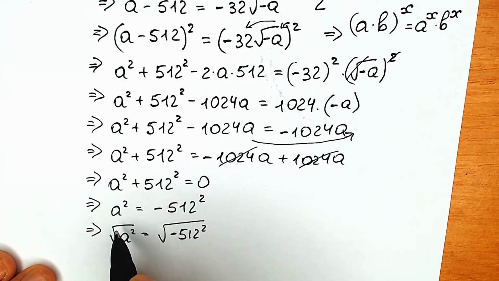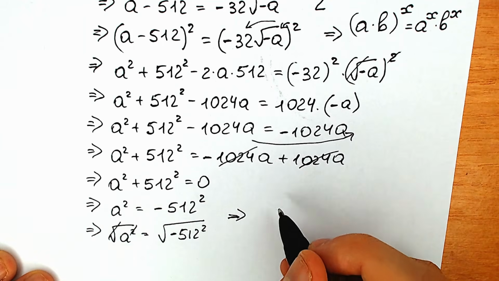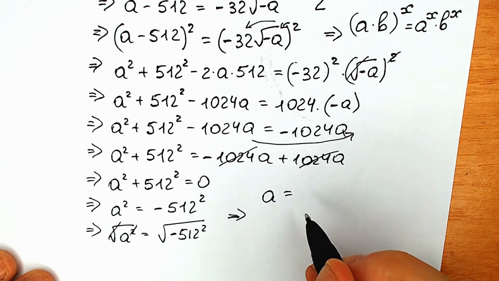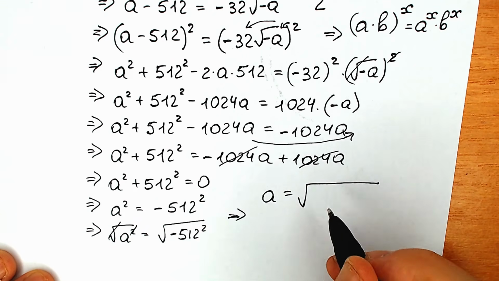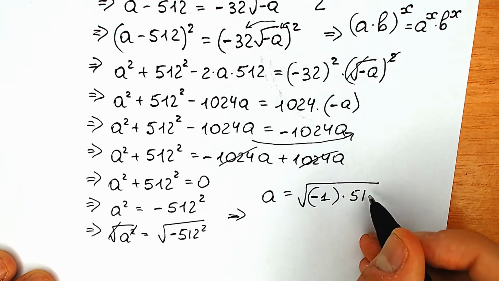From here we can easily cancel our second power and square root sign. As a result, on the left side we have only our a, equal to square root of minus 512 square. So we can easily write this minus 512 square as minus 1 times 512 square.